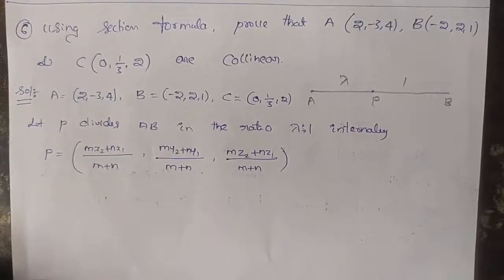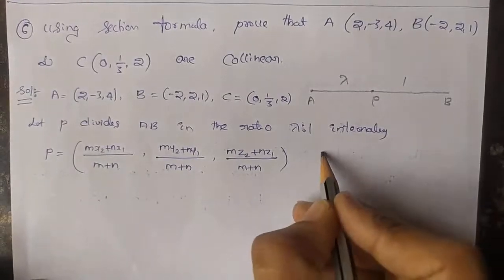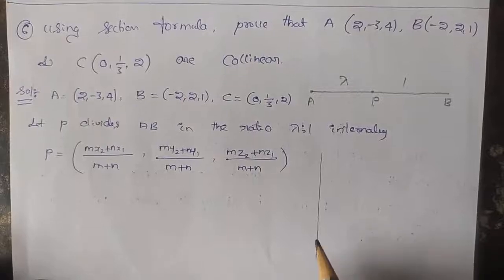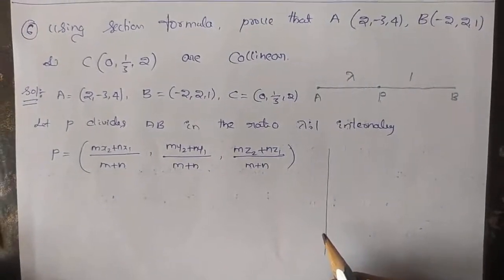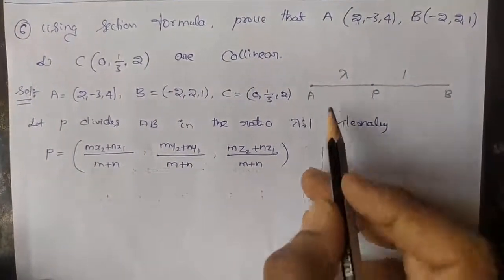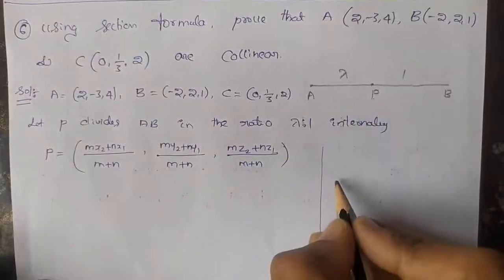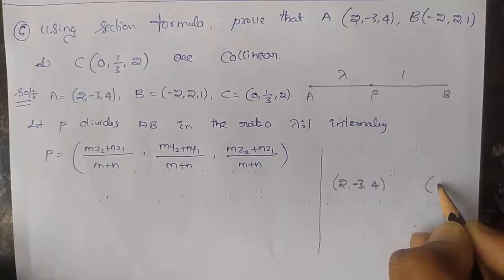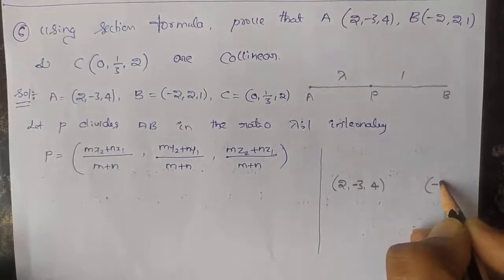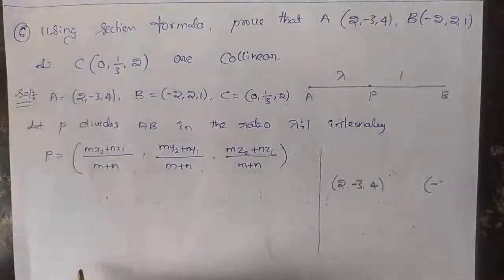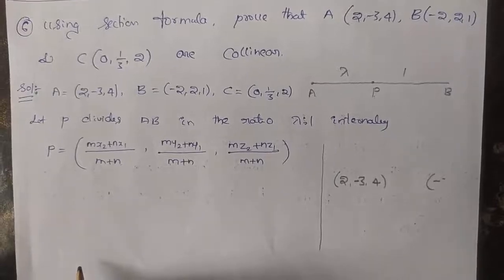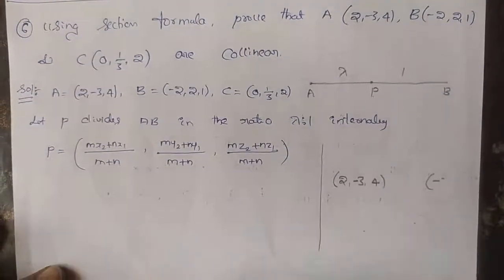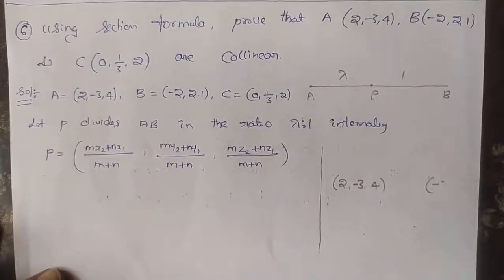So how to find the coordinates of the point P? I already told you in the previous class itself, by using the CET method. Write down the A coordinates: 2, -3, 4. Next, the B coordinates. Kindly make a correction.